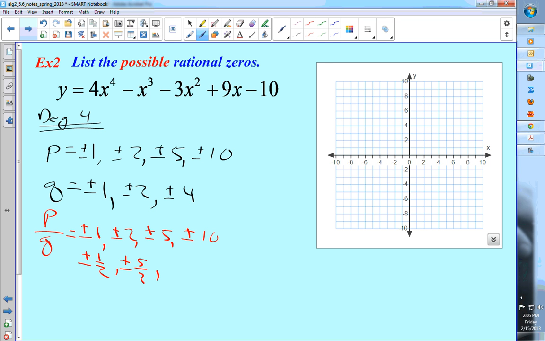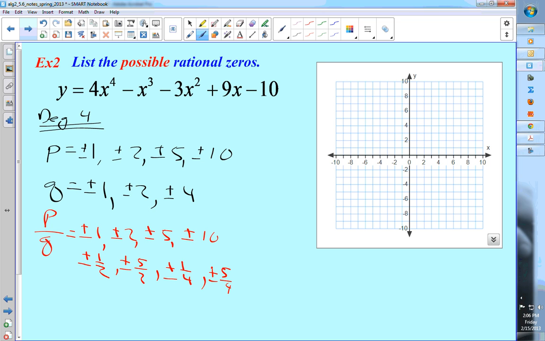Does everybody see that? All of these P's over 1 give you the first row. All of these P's over 2 give you this row. We don't have to repeat. And then all of these over 4 gives you plus or minus 1/4. 2 over 4 is going to give you a half again. 5 over 4 we need to include.